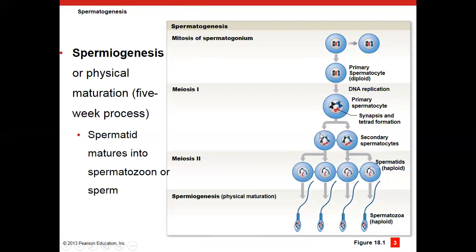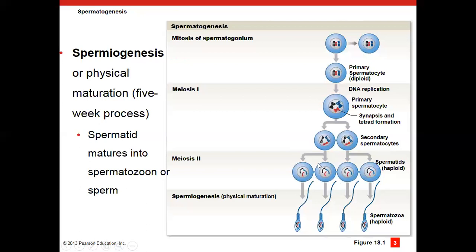So each one of these cells now has 23 chromosomes instead of 46. And then in meiosis 2, an equal amount of DNA is sent to each of these 4 spermatids that eventually mature by way of spermiogenesis.